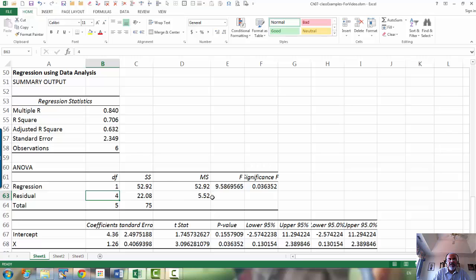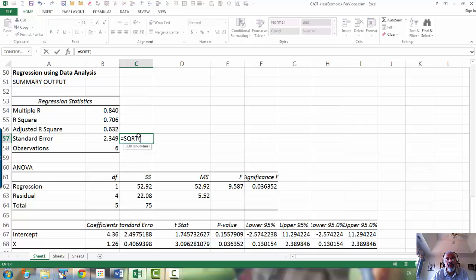Now you divide MSR by MSE and you get the F statistic. We'll talk about this later on. And then the significance of F is the p-value. Again, we'll talk about that later. So this is the MSE value. If you take the square root of this value, that's what the standard error is. Well, it'll be exactly the same as that.